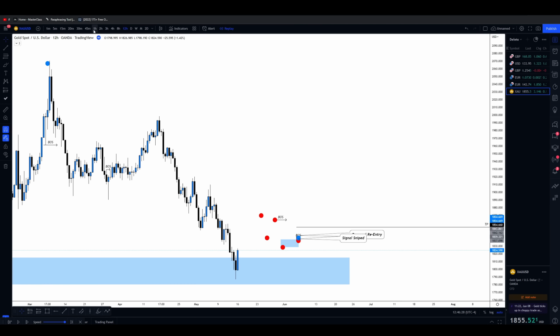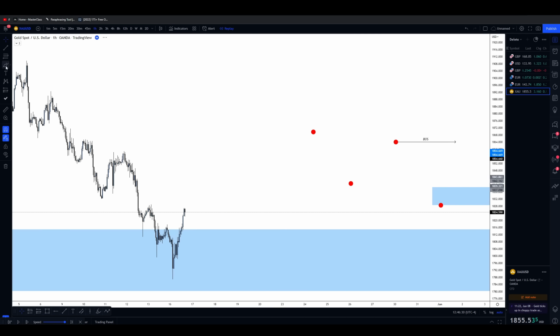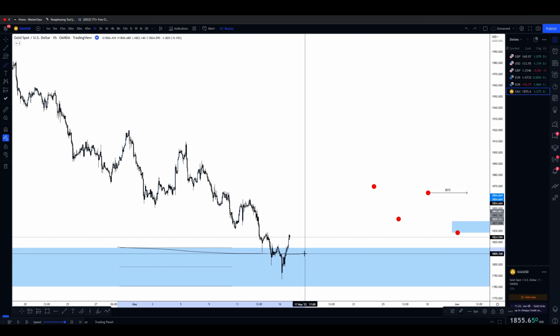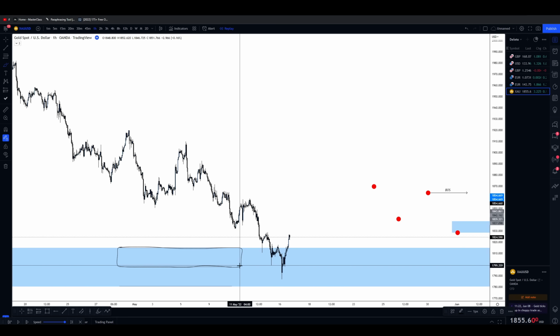Now the next step is to see how the market is reacting from your POI. Now we can see that there's this big zone right here. If I take my fib out and I measure 50% of this zone, that means that the market has a 50% chance of basically reacting within the 50%. And then there's a 50% chance that the market may go down below the 50% up until here.